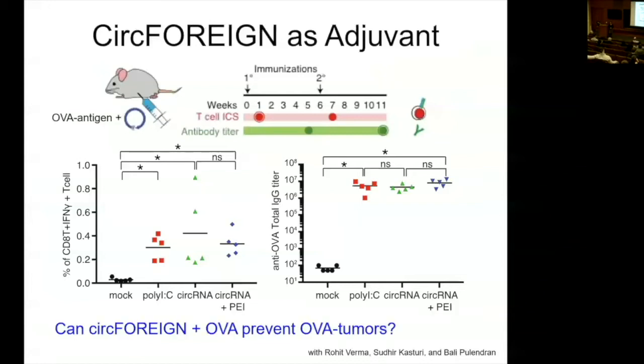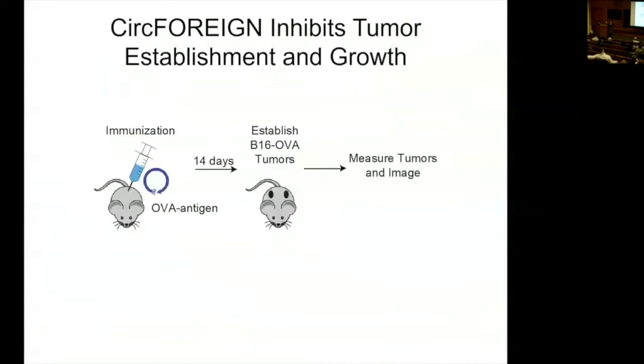So then we wondered, would circular RNA be a method for vaccination? And could we use this to prevent overexpressing tumors? Here we wanted to vaccinate the mice first, and then 2 weeks later, establish B16 overexpressing melanoma tumors and measure the tumors and image them because the cells are tagged with luciferase.